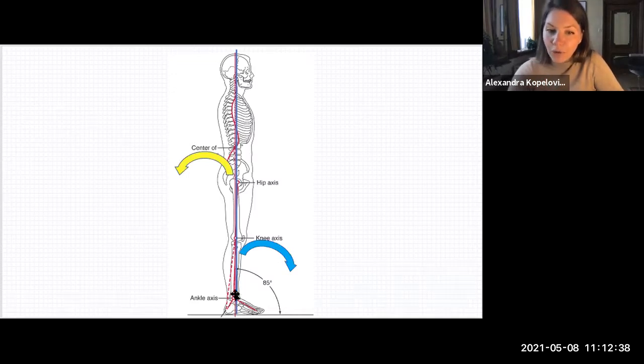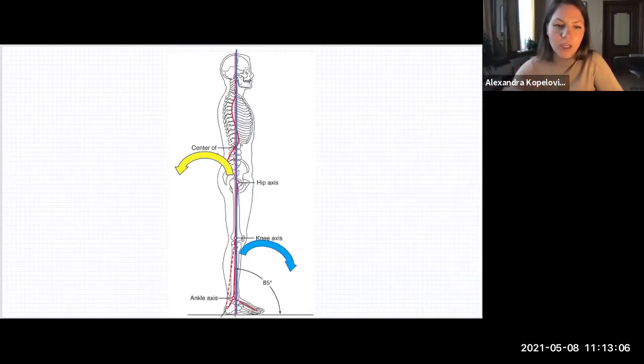So if the line of gravity runs through the joint, typically it does not require much muscular activity. The further the line of gravity runs from the axis of rotation of the joint, the more muscular activity it will require. What the line of gravity does is act as a force on the proximal segment and try to rotate the segment. So let's take a look.